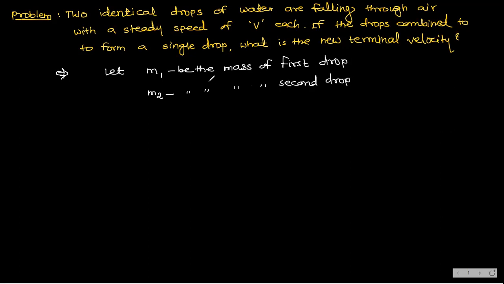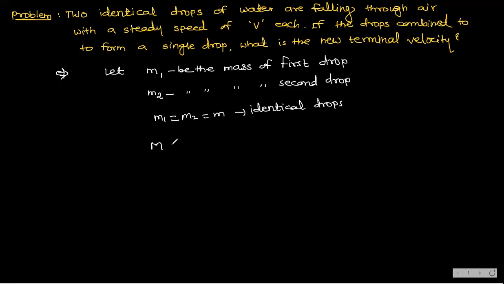But these two are identical. So that's why can I write like this? M1 is equal to M2 is equal to m because identical drops. Okay.